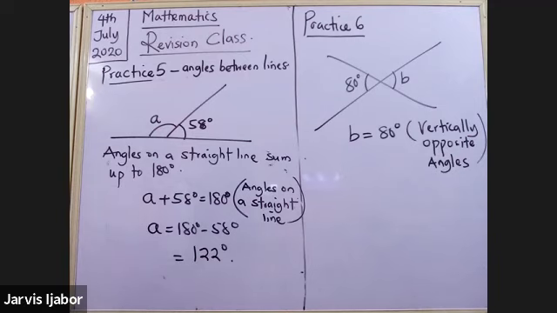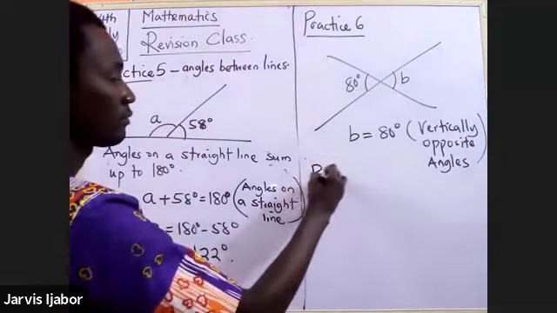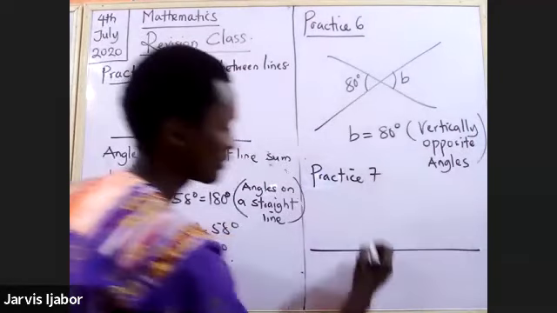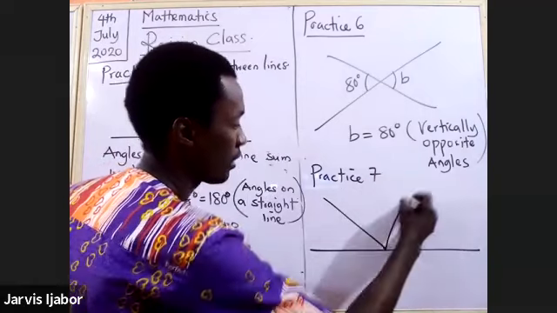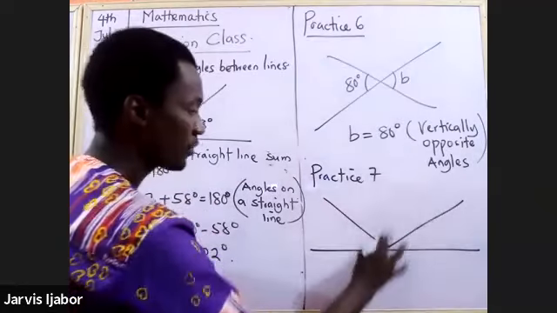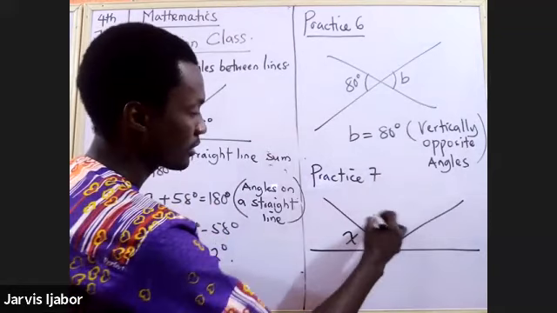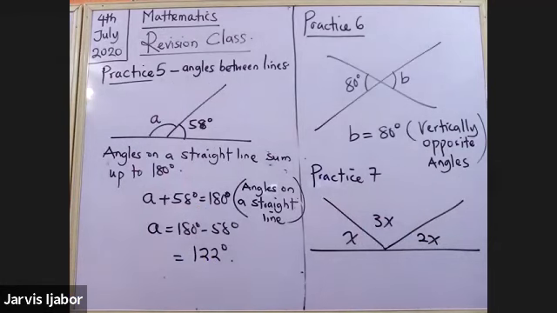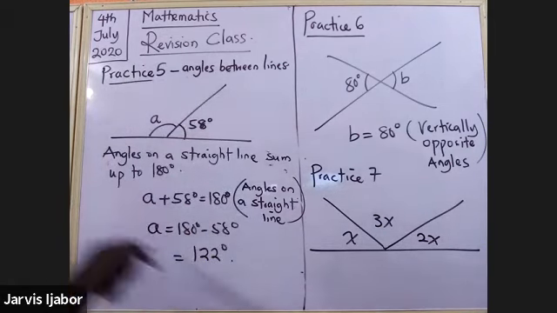Now look at practice 7. You have x, 3x, and 2x. Maybe I should transfer practice 7 here.